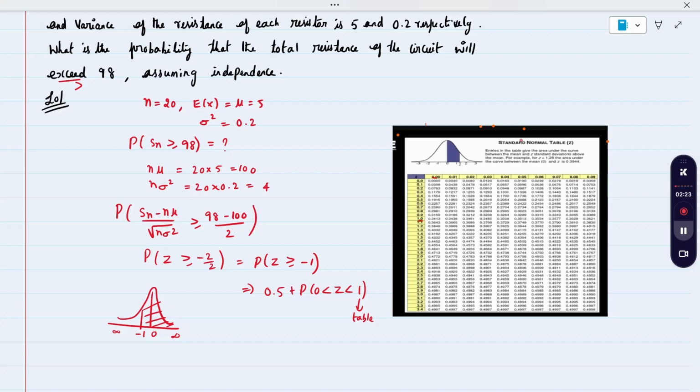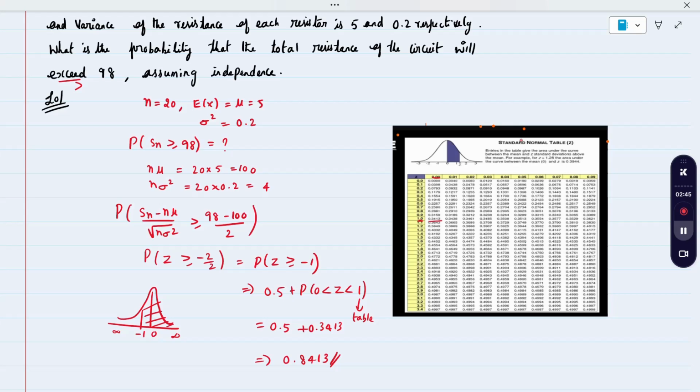You have to check the table value for 1, which is 0.3413. So 0.5 plus 0.3413, add both, and that is the answer: 0.8413 is the solution.